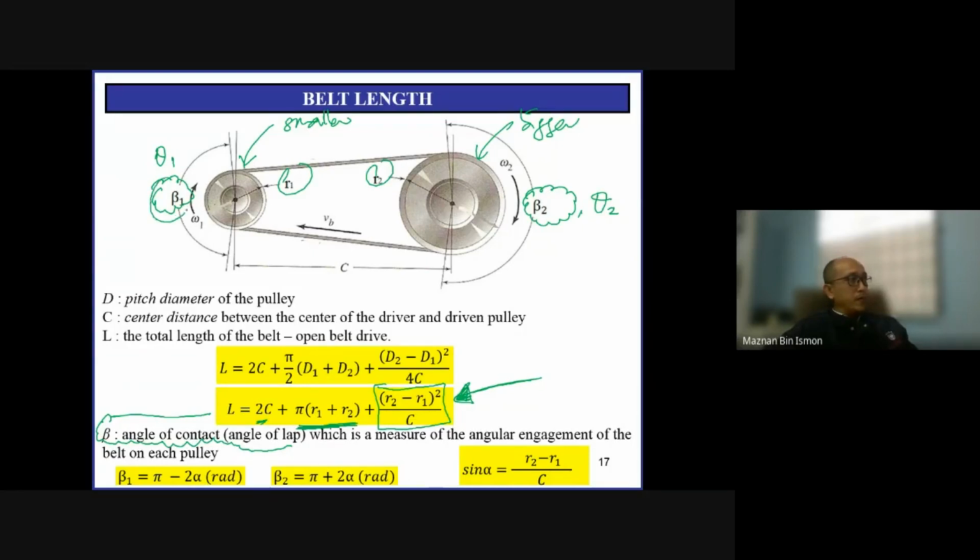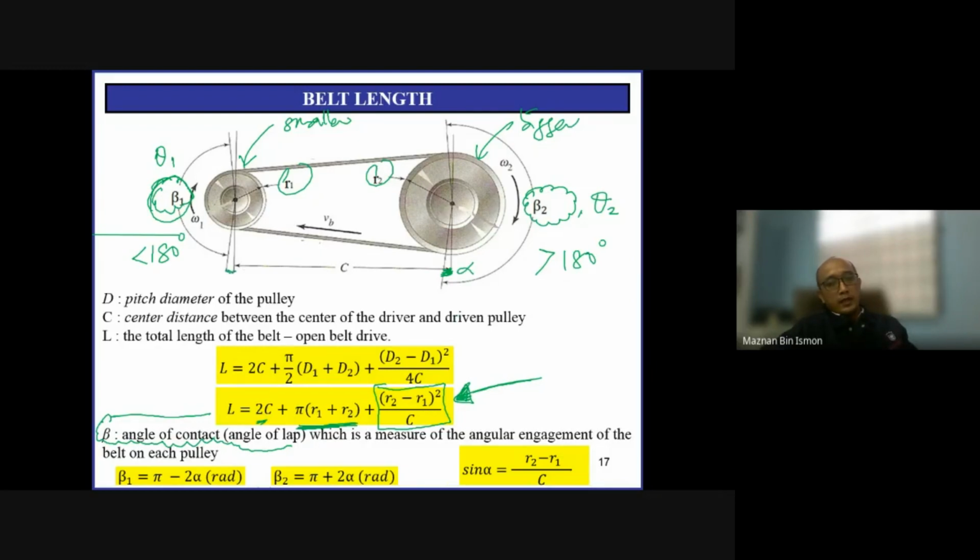If you look at beta 1, the angle of beta 1 is less than 180 degrees. Whereas beta 2 is more than 180 degrees because of this small angle over here. This small angle is alpha.